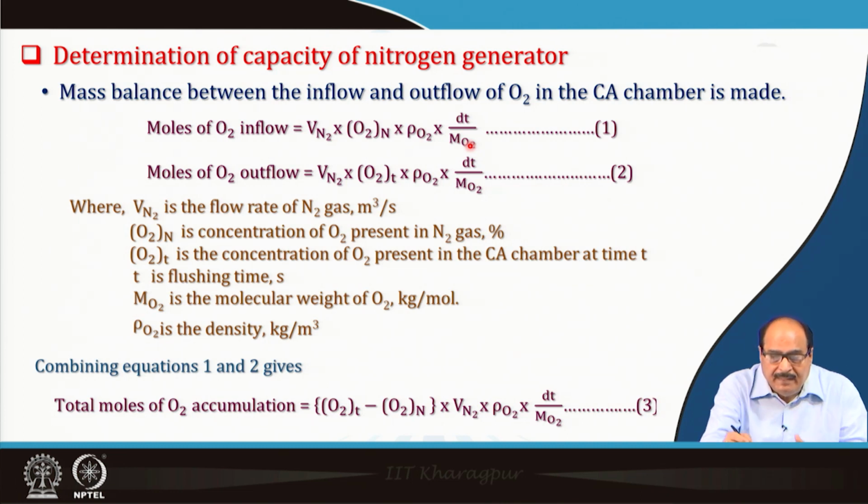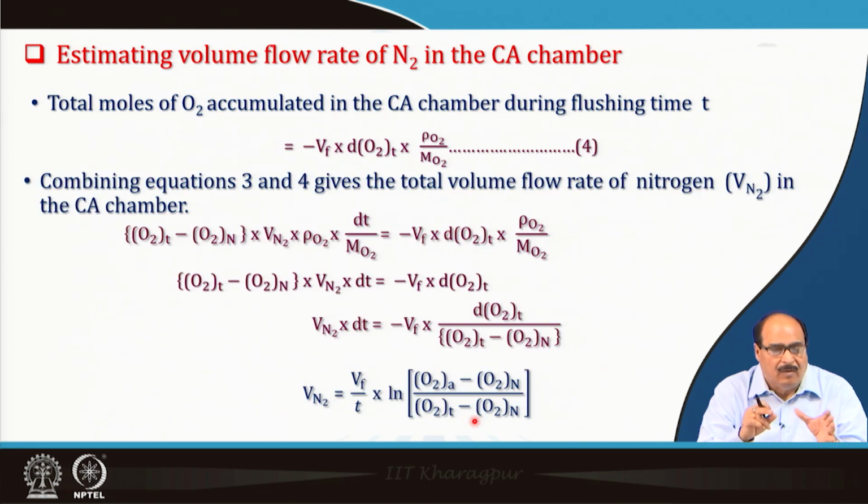Then combining these two equations, that is the inflow and outflow mass balance equations, the total moles of oxygen accumulation can be found out, that is equal to O2t minus O2n multiplied by Vn2 multiplied by rho O2 multiplied by dt by MO2. So, this is another equation, the third.